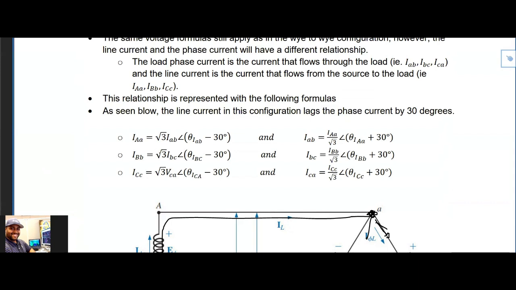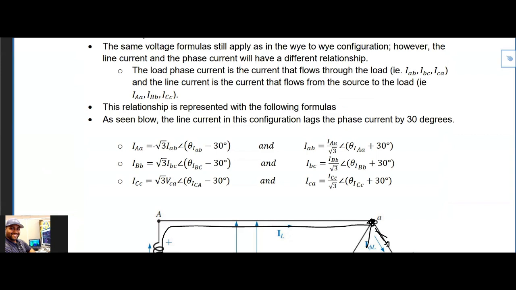But in order to calculate it, you just use these formulas down here. So if we wanted to calculate the line current and we knew what the phase current was, all we do is multiply the phase current by square root 3. And then the line current is going to lag the phase current by 30 degrees, so we'll want to subtract 30 degrees from the phase angle of that phase current. And likewise for the line current for B and C, the other two phases.